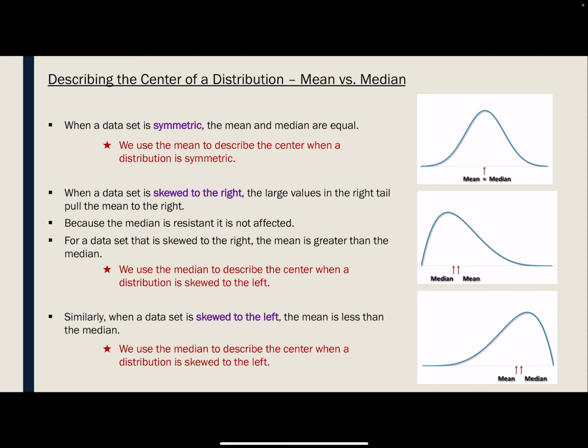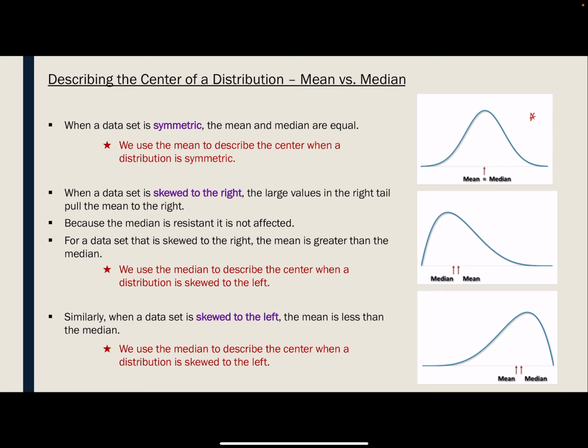And the answer to that is because with distributions that are unimodal and symmetric, we have other things that we can look at, like the empirical rule and z-scores.